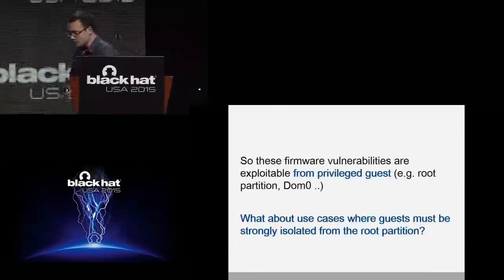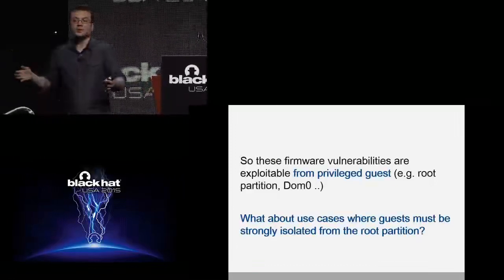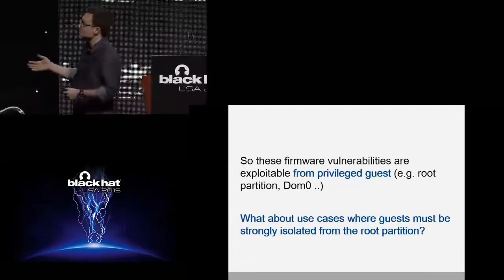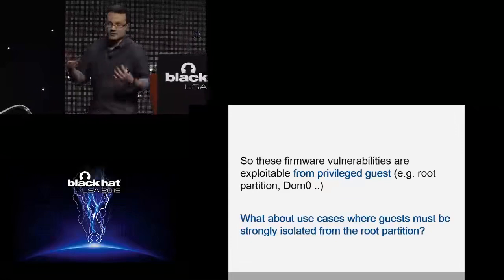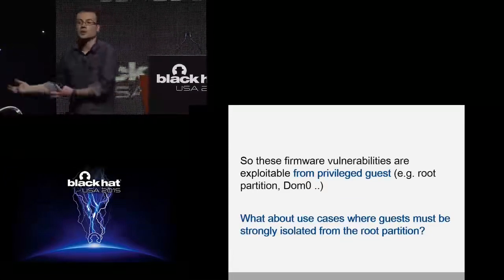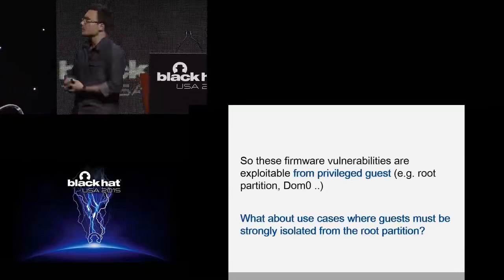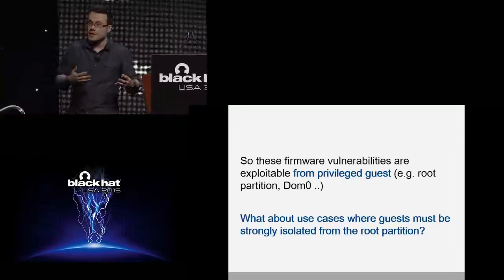All of those vulnerabilities were exploitable from a privileged guest, either a DOM0 or root partition. That either requires privilege escalation from a normal guest to the root partition, or a remote exploit in the root partition, which kind of limits the impact.